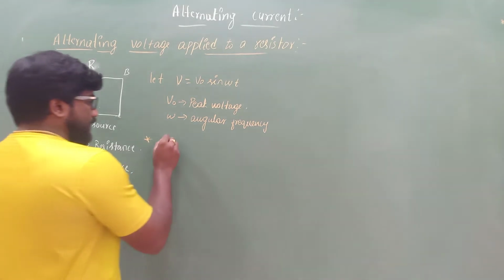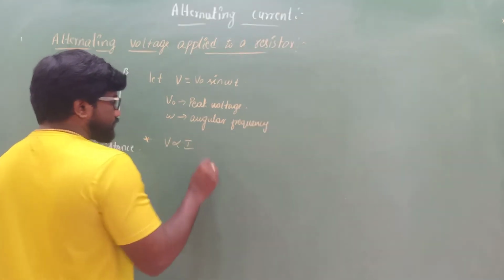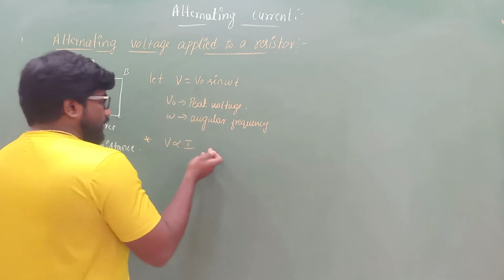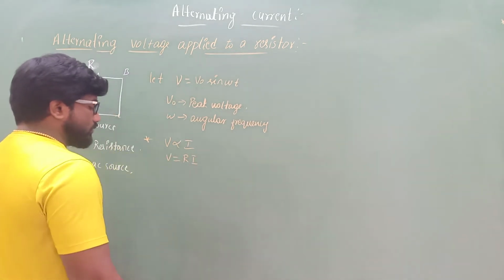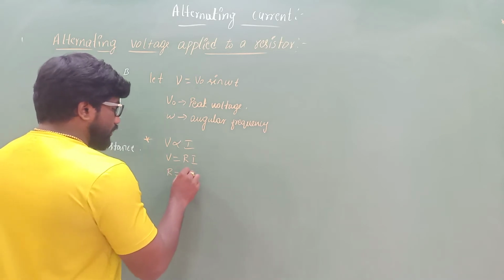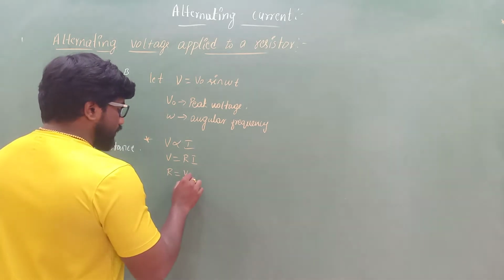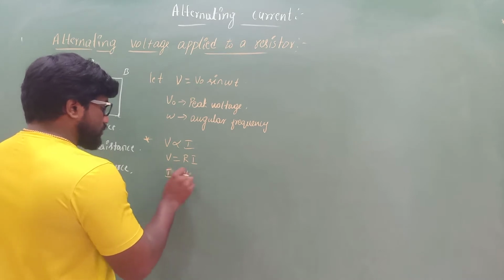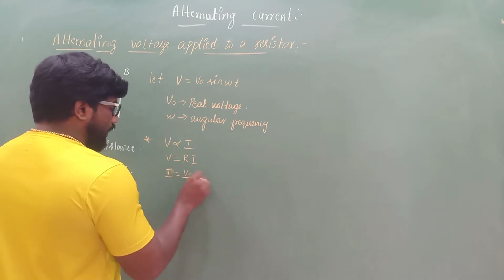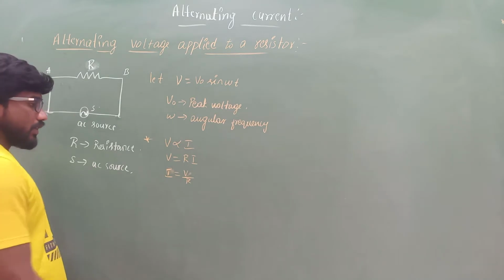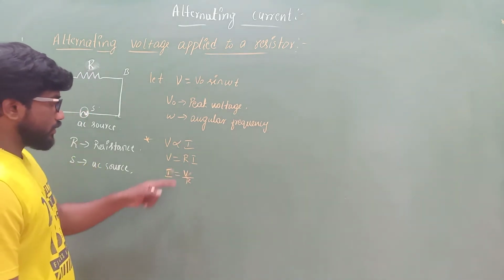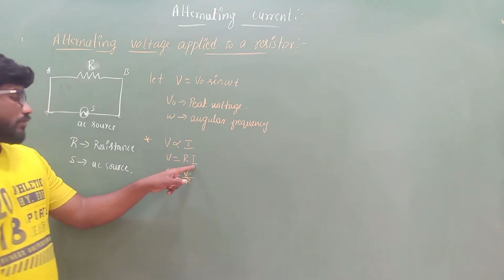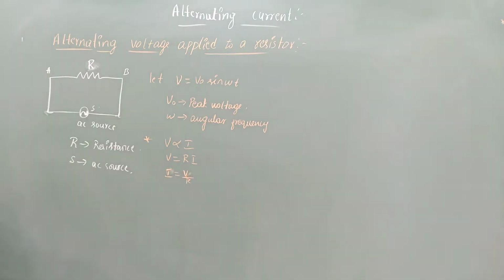So V is proportional to I, and this proportionality is removed by a proportionality constant R, so V equals R into I. So I is equals to V by R. You can take it like that.